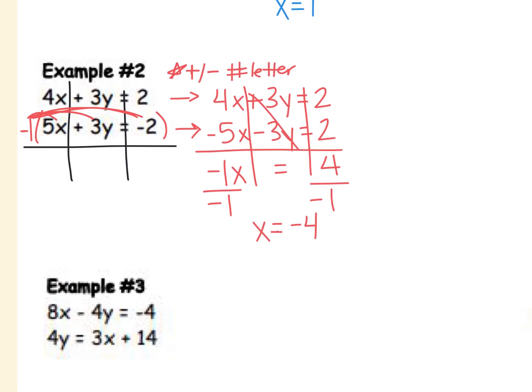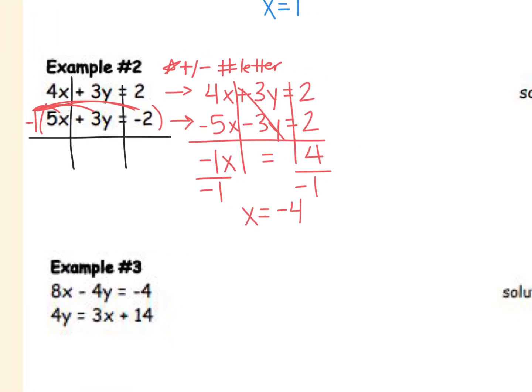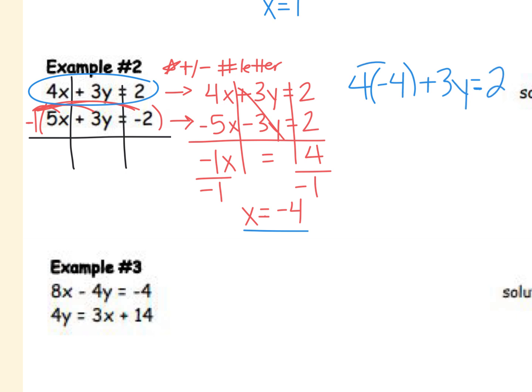I'm going to move over this way a little bit because I've run out of space. And we're going to pick one. If we pick that first one, I'm going to use parentheses, but instead of x, I'm going to put my -4 plus 3y equals 2. And again, this is just an 8th grade problem. 4 times -4 is -16.